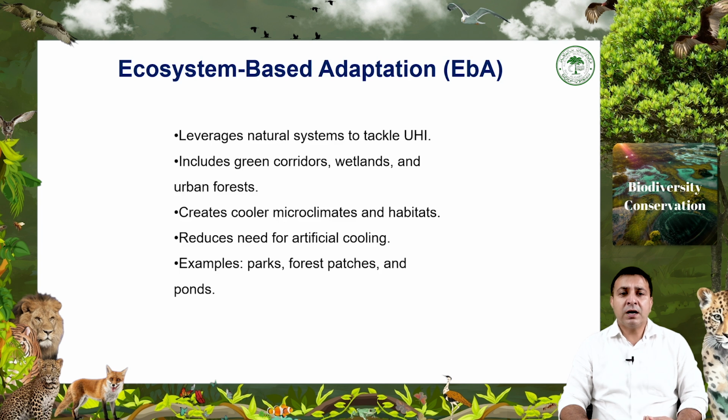This eco-based adaptation also reduces the need for artificial cooling methods, offering sustainable and long-term solutions. Examples of ecosystem-based adaptations in cities include urban parks, small forest patches and ponds that enhance biodiversity while also managing heat stress.